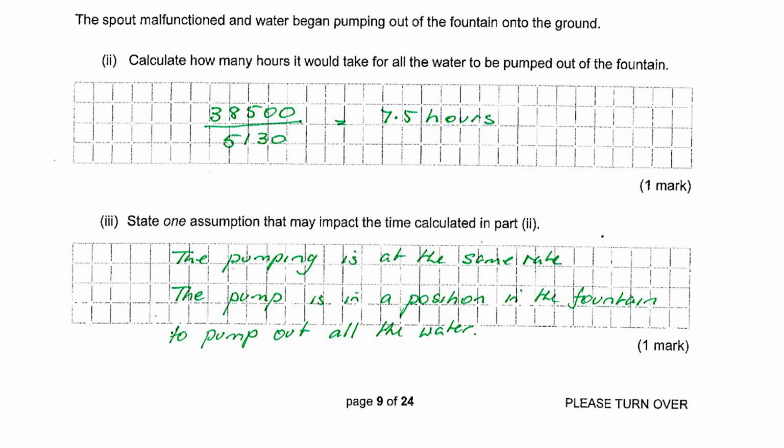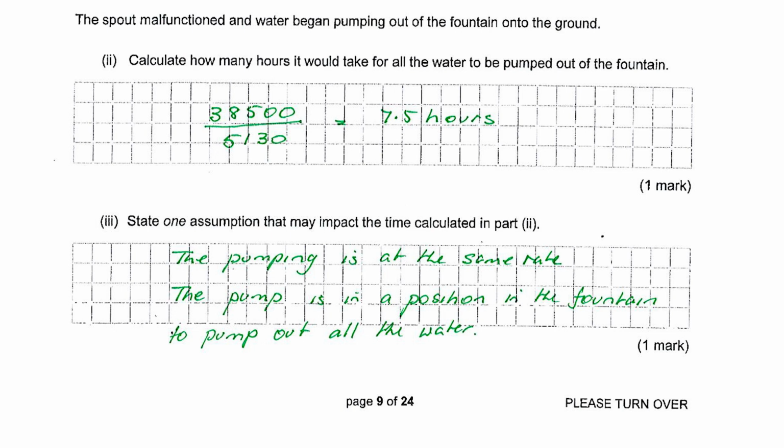And then another common method, I guess I'm not going to say error, but method, was to use the volume that they found earlier in part 4, convert that to litres, extra work for themselves, but still did it right. And they ended up with 8 hours for that as well. So I guess, not incorrect, just interpreting what's going on slightly differently.